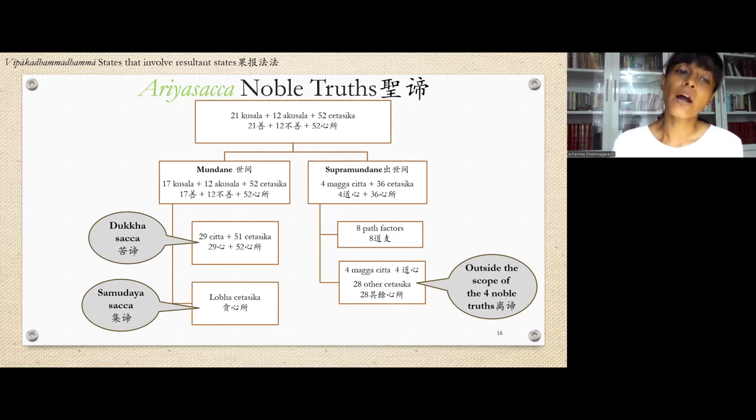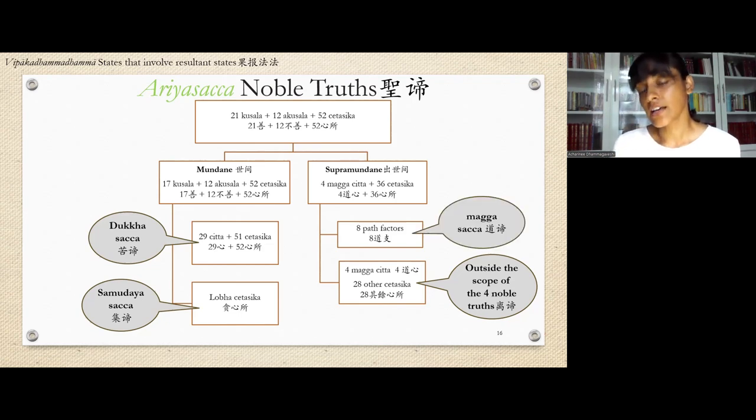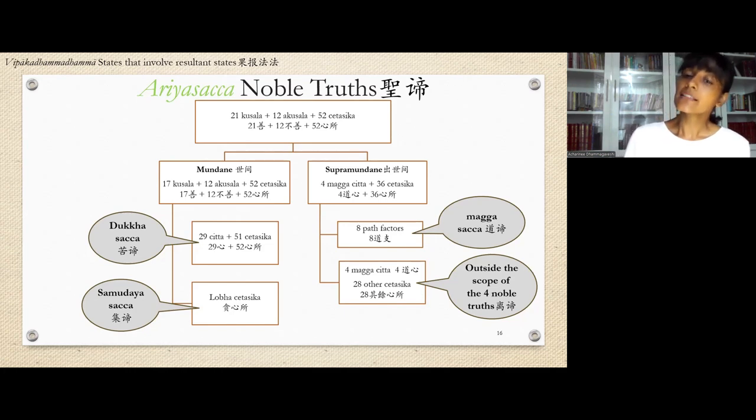The remaining mundane dhamma, which are the 17 kusala and 12 akusala, that is 29 citta in total, and 51 cetasika, that is 52 minus lobha cetasika, these are dukkha sacca. And moving on to the supramundane, the 8 path factors belong to magga sacca. What is remaining are the 4 magga citta and 36 minus 8, that is 28 other cetasika. Those are outside the scope of the 4 noble truths.